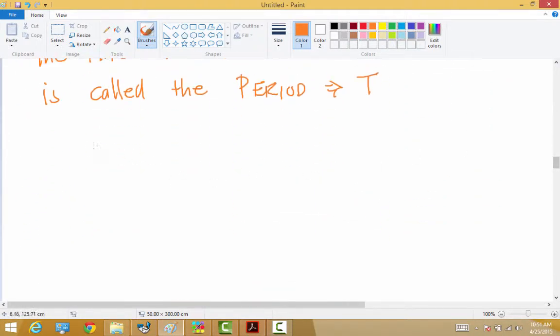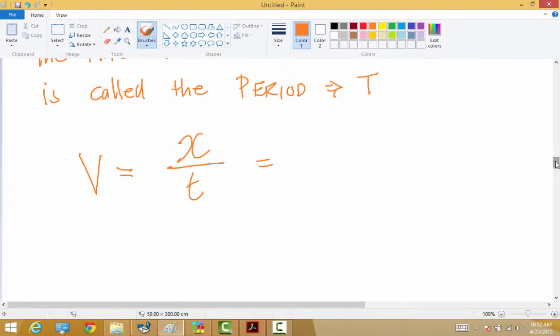So that means we know that velocity is equal to distance over time.